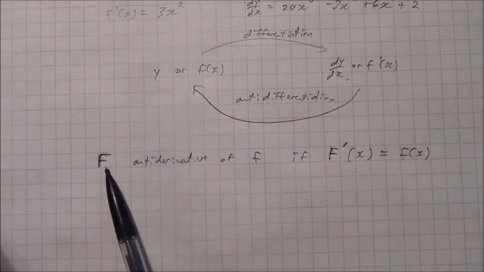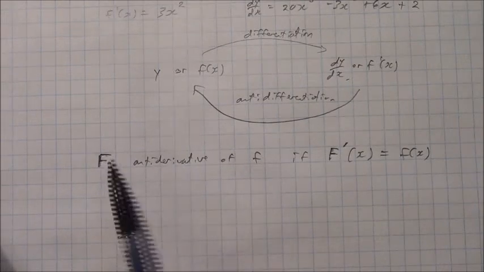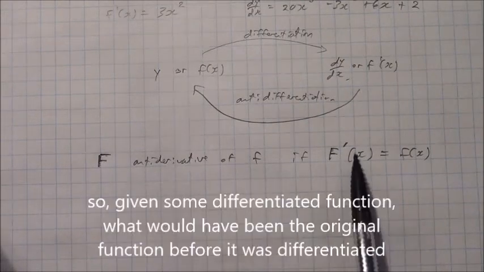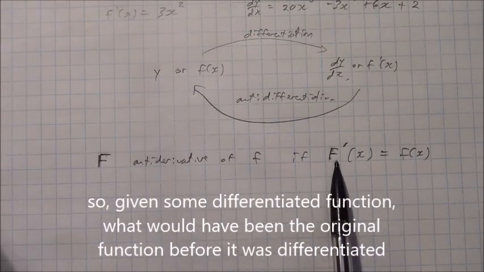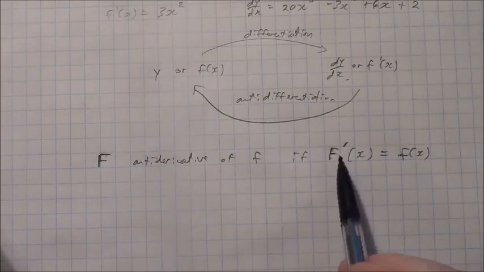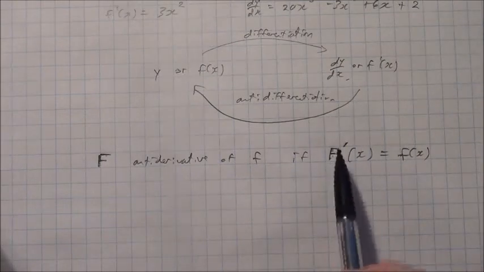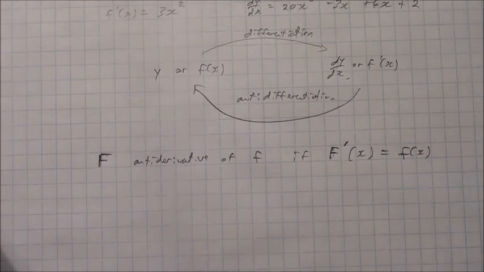So this is the antiderivative of this if, when we take the derivative of this, we get that. If we take the derivative of uppercase F of x and get lowercase f of x, then uppercase F is the antiderivative of lowercase f. So we're just going to go backwards.